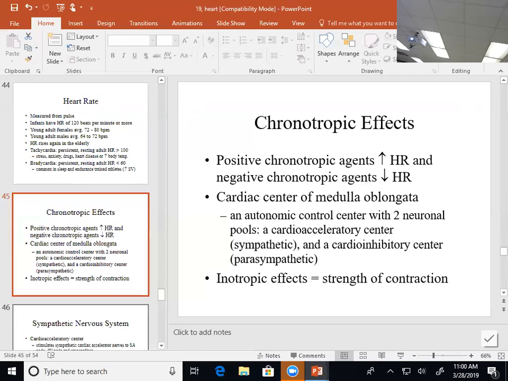Beta blockers. What do beta blockers do to heart rate and heart contraction strength too? They slow it down, don't they? So they end up slowing down the heart rate and the heart contraction strength. What they end up doing, beta blockers, is they interfere. Well, not interfere. I mean, they're giving us medication, but they interfere with the receptors for the sympathetic nervous system.